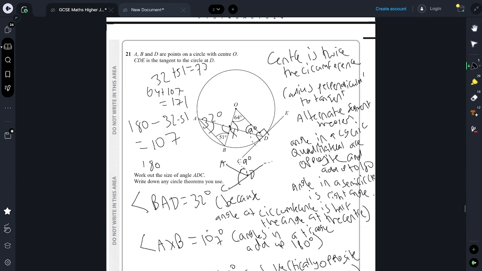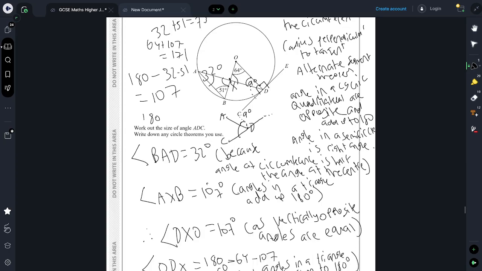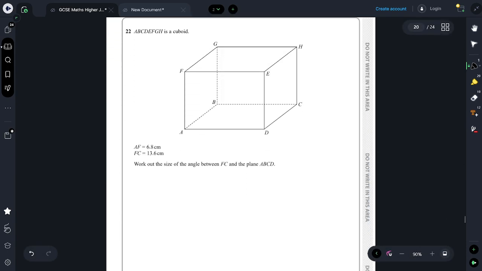I do apologize if it's not clear. I tried my best here. So again, this is going to be 90. That's 9. So that has to be 81, and that's the missing angle there. Okay, hopefully it makes sense.